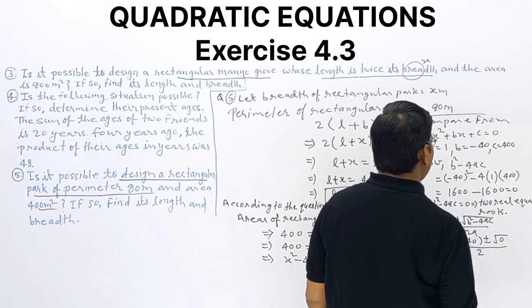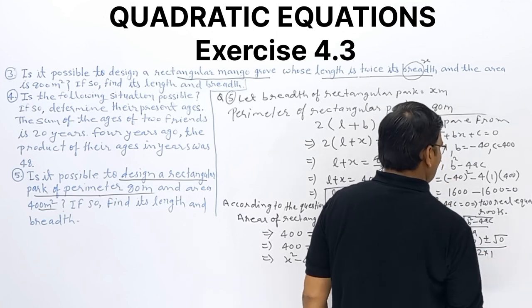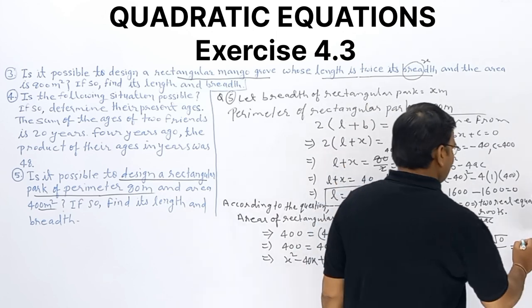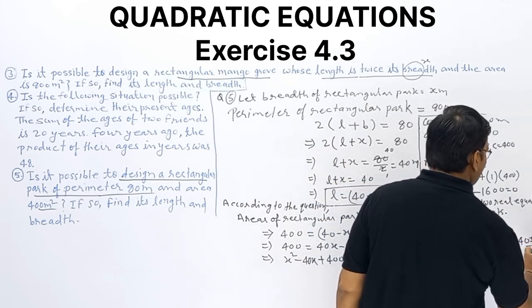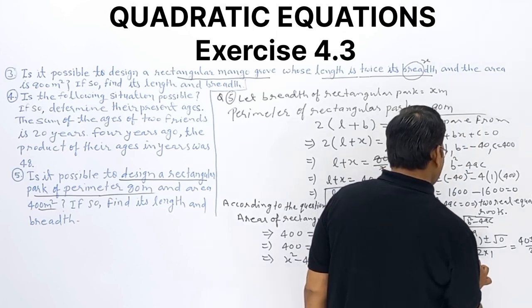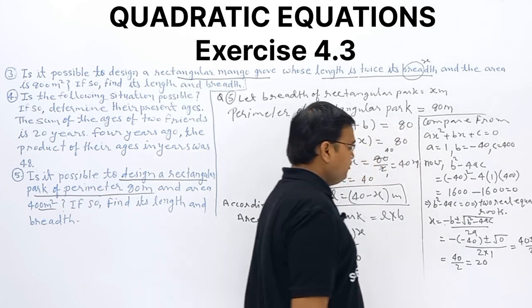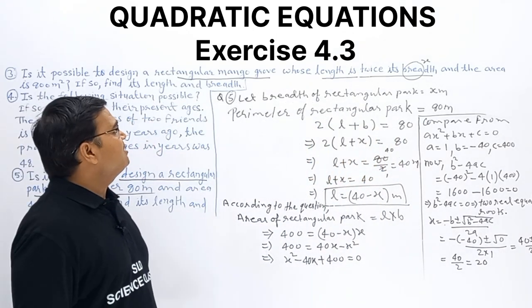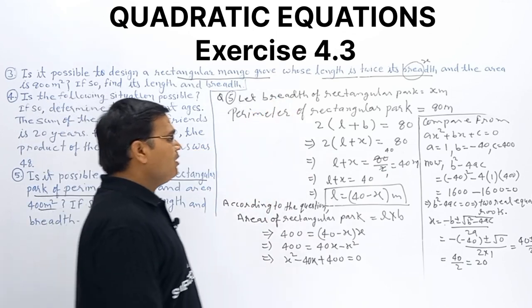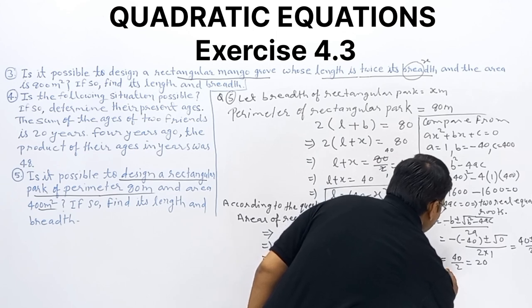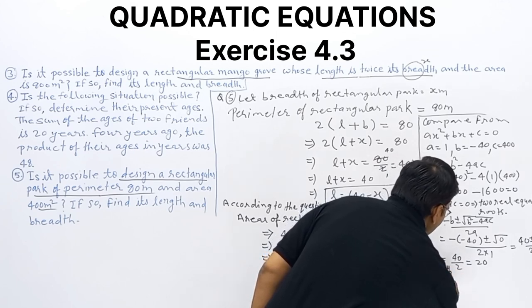Divided by 2a. 2 into a is 2. So solve this one: 40 plus minus 0 divided by 2. Finally we can say 40 by 2, result is 20. x equal to 20. x equal to 20 means the breadth of the rectangular park is 20 meter.